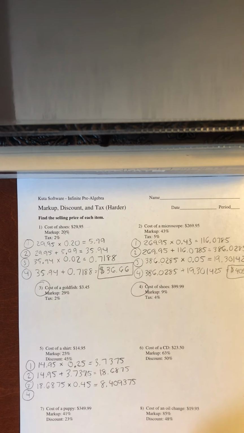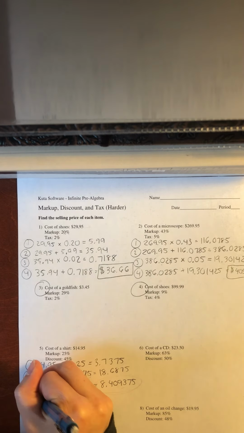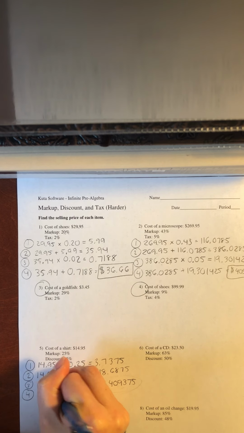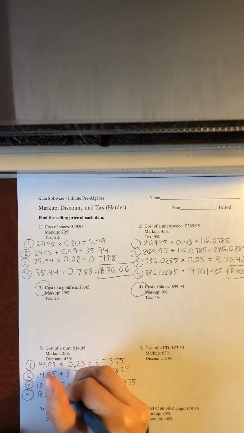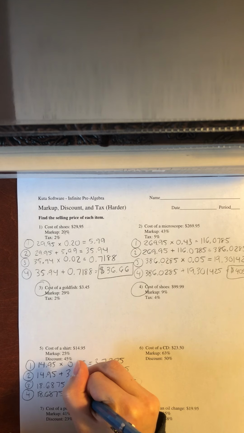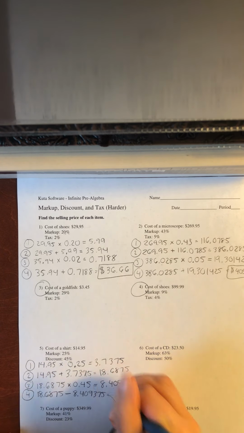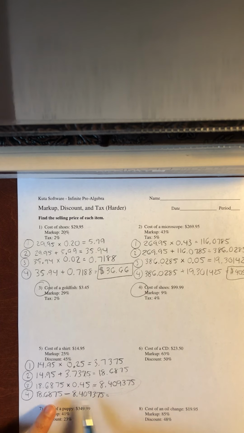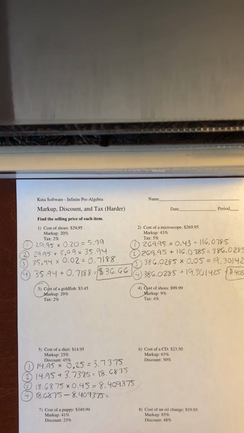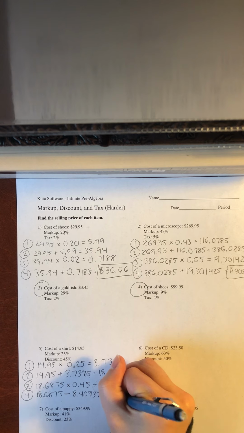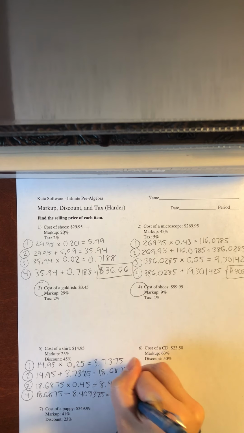Step 4, this is a 45% discount, so instead of adding it, we're going to take it away. So the cost of the shirt was 18.6875 minus, because it's a discount, 8.409375. We're not rounding any of this till the very end because it's going to keep it most accurate this way. Now, when you round to get your final price, it's $10.28.